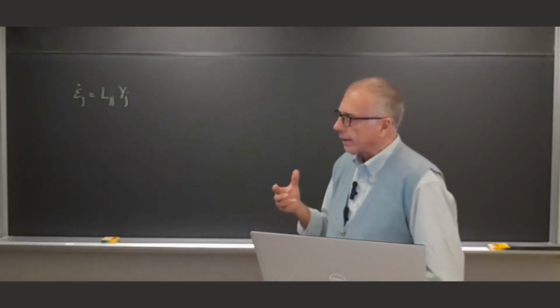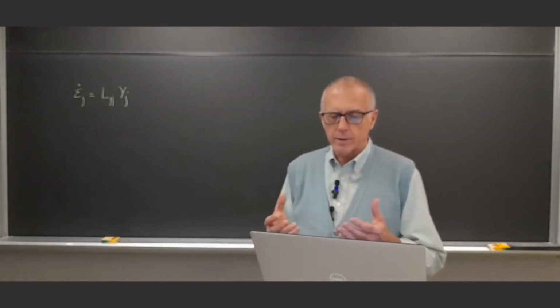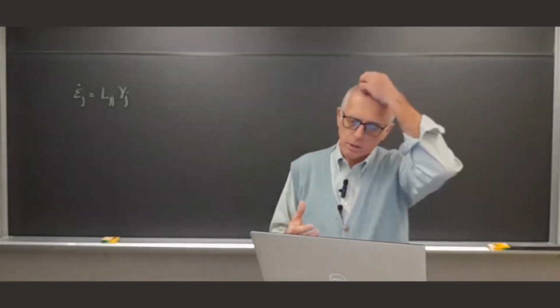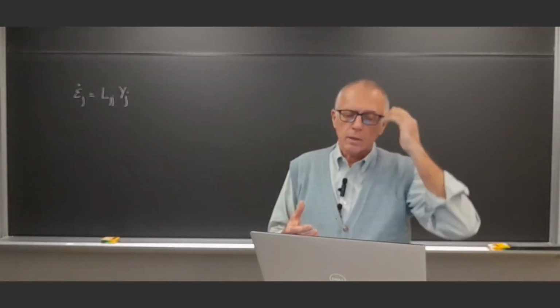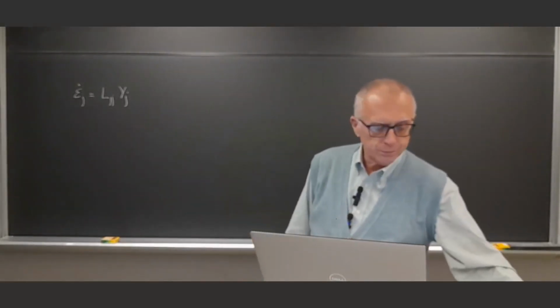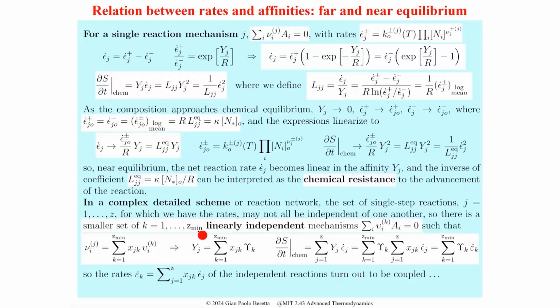So the idea is that now we have a complex chemical detailed scheme or a reaction network, and it contains a lot of linearly dependent reactions. That means that we can identify a subset of linearly independent ones, with respect to which you can write all the others.